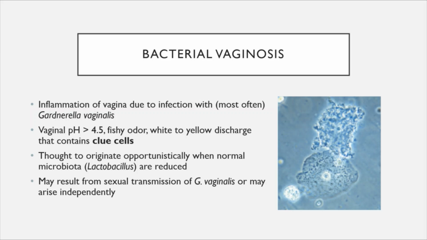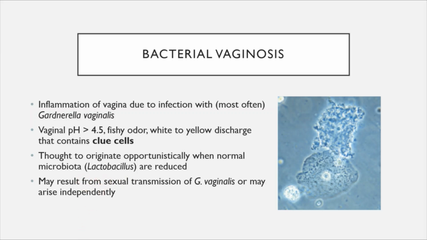This can include broad-spectrum antibiotic treatment. It can include the hormonal changes that accompany pregnancy, as well as diabetes. All of these diminish the normal lactobacilli in the vagina and make it possible for other members of the microbiome, particularly Gardnerella vaginalis, to opportunistically take over.